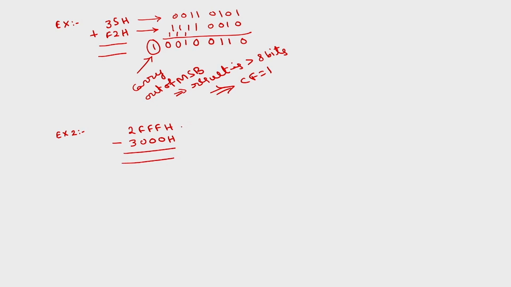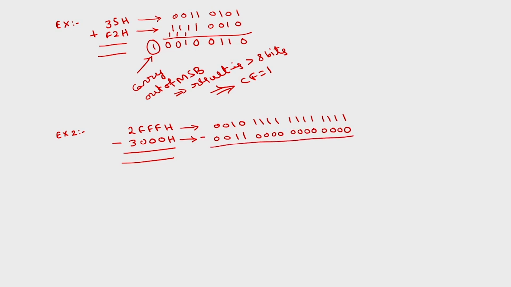So, 2FFH will be the 16-bit equivalent: 0010 1111 1111 1111. 3000H will be 0011 0000 0000 0000. So, you have to perform this binary subtraction.